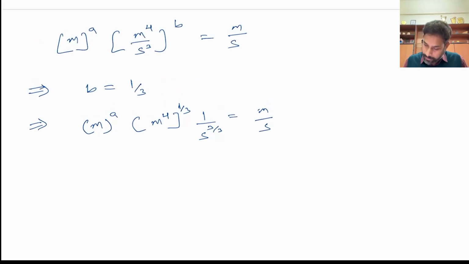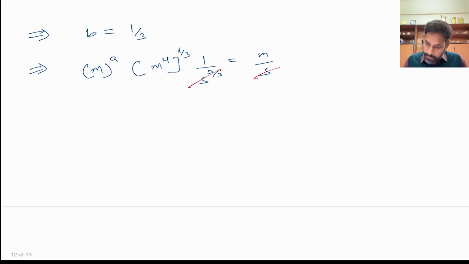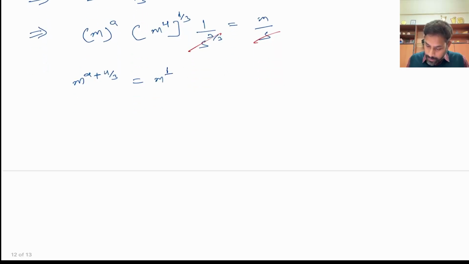Okay, so basically this cancels out. So what are we left with? M to the power a plus 4 by 3, which must be equal to m to the power 1. So this actually means our a here is 1 minus 4 by 3, so that becomes minus 1 by 3.